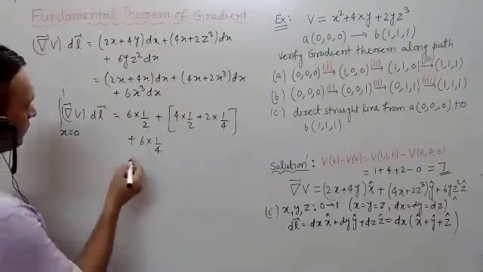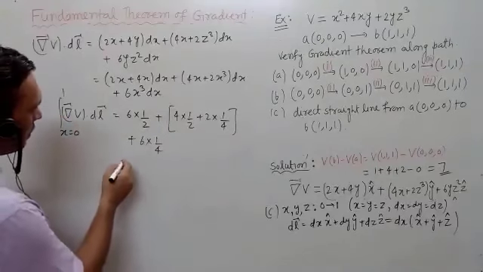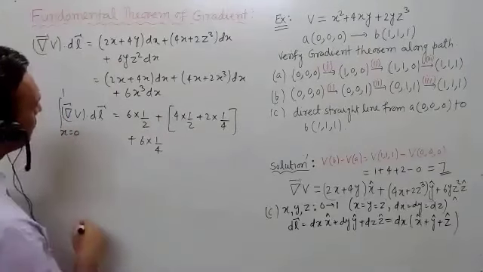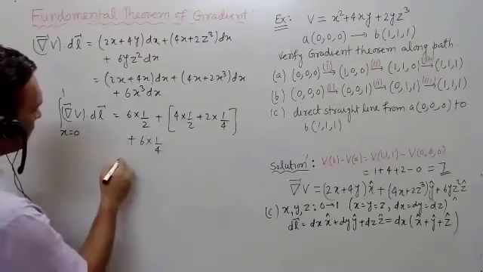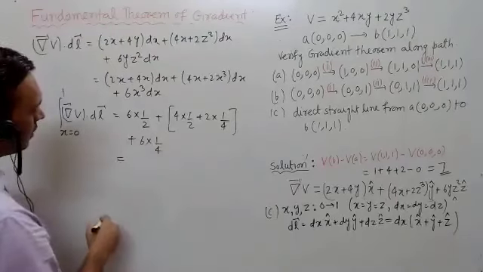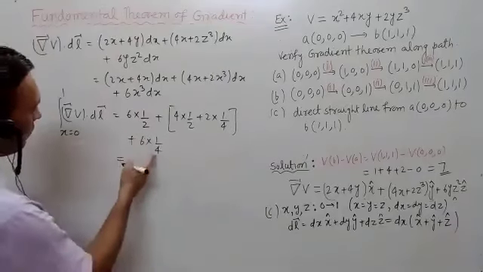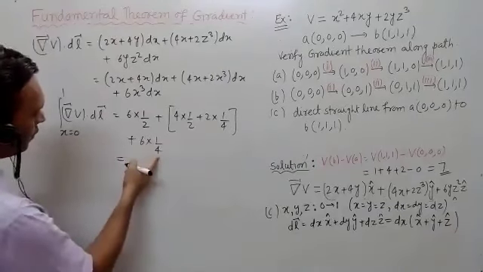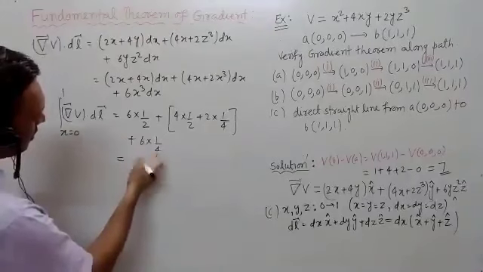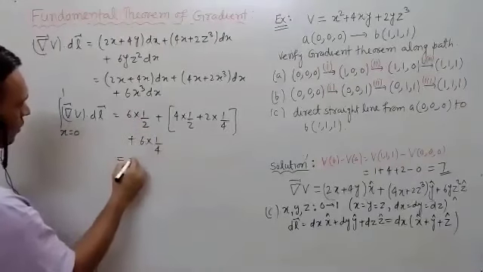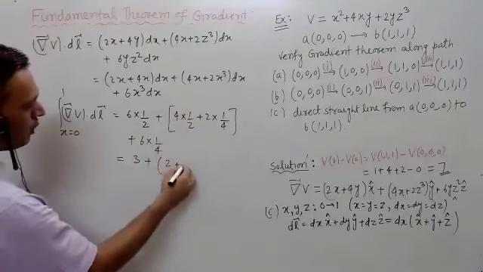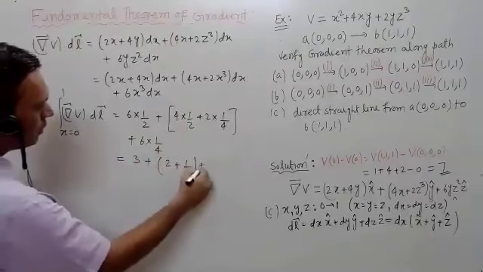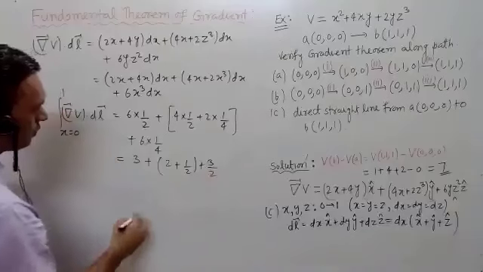7, sir. What will be the total value? 7, sir. Is it 7? Yes, sir. Why is this 6 by 4 going to give 3 by 2? So this value is 3 plus 2 plus 1 by 2 plus 3 by 2.